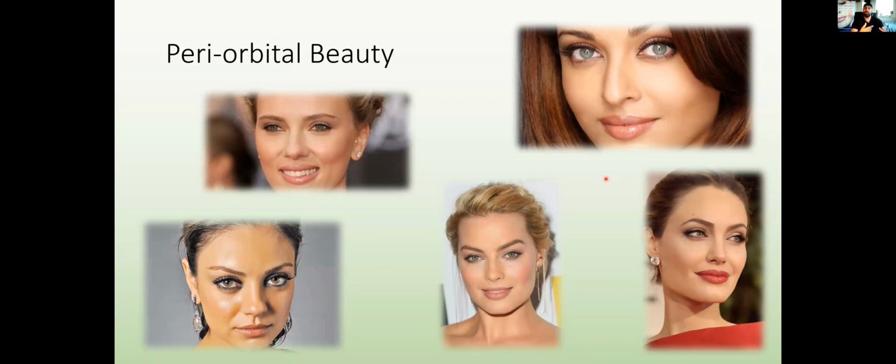And if you look at the scleral show, which is the white of the eye, you'll find that in the top right and in the bottom left, you can see more of the white of the eye. Now, seeing this sclera is normally associated with looking tired or dissatisfied. However, you can see that beauty is obviously still very subjective, and hopefully this portrays this.